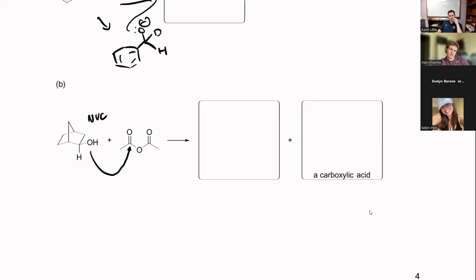Does this carbonyl have a heteroatom on it? Yes. What does that mean? Substitution. I'm going to substitute it out. So what am I substituting out? The oxygen connected to the carbonyl.